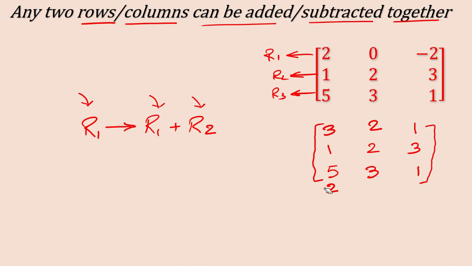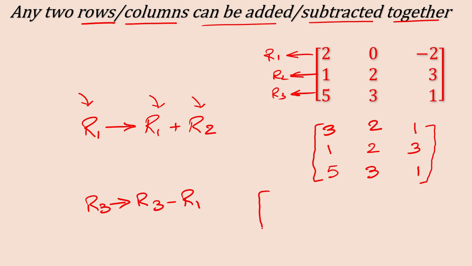So what you can do here: if we subtract 3 from 5, it will become 2. But you cannot subtract only one element, you will have to subtract the entire row. So you can write R3 replaced by R3 minus R1.